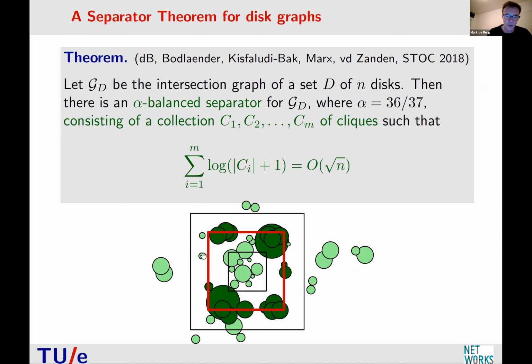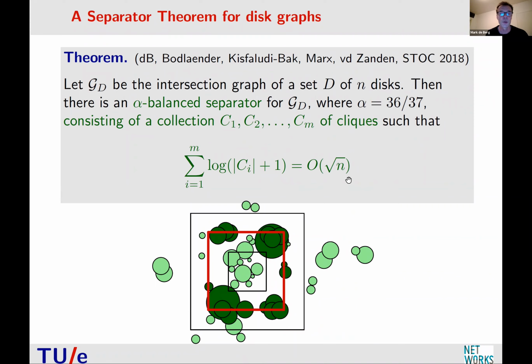And the size of my separator, where with size I mean the sum of the logarithm of the sizes of the cliques, is square root of n.